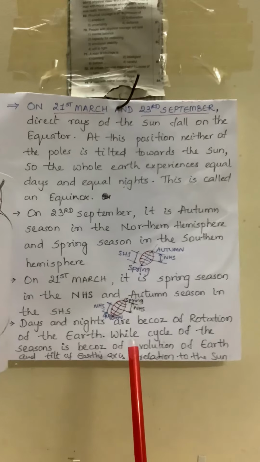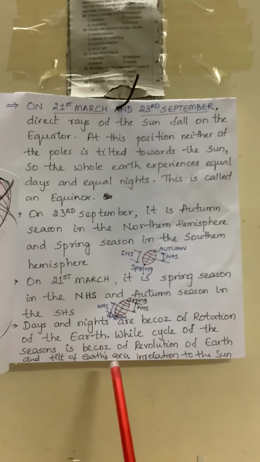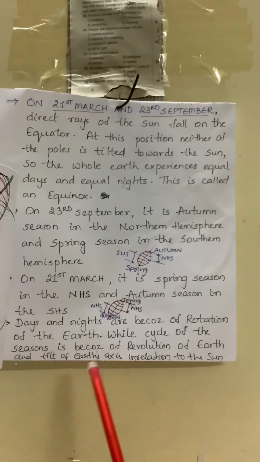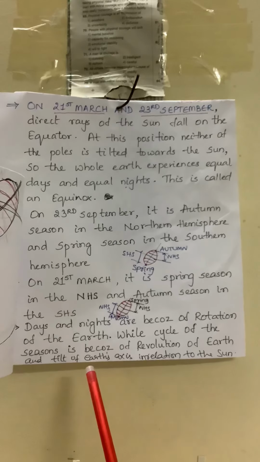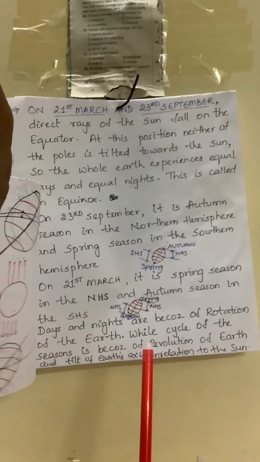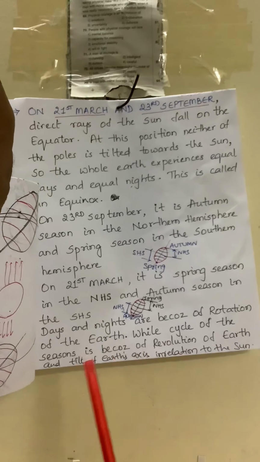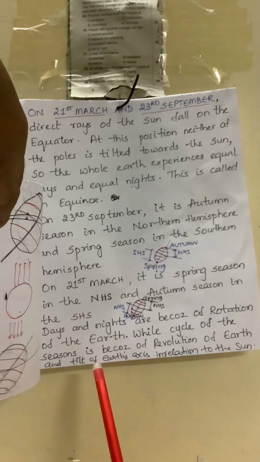Day and night are caused by rotation, whereas seasons are formed based on the tilt of the axis and the revolution.